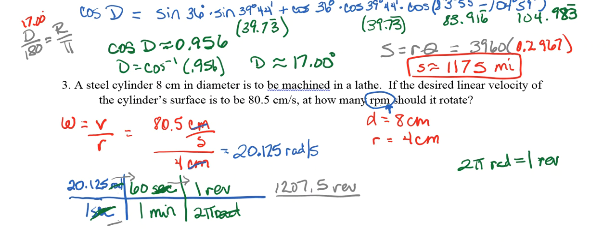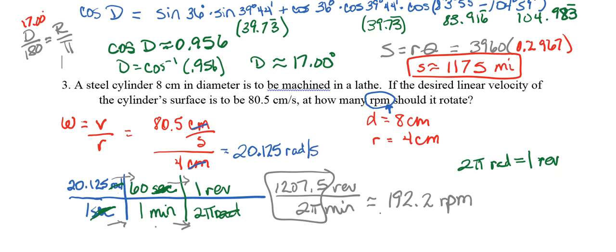On the bottom I have 1 times 1 times 2 pi, and that's in minutes. So I'll do this last division here: 1207.5 divided by 2 pi. Make sure your 2 and your pi are in the denominator of your division, and you should get approximately 192.2 revolutions per minute.